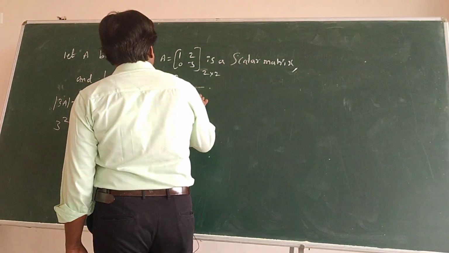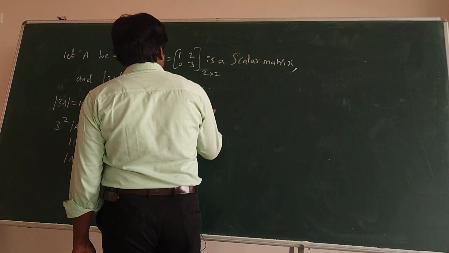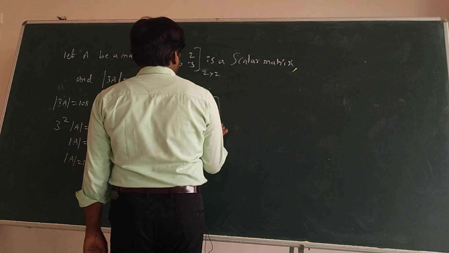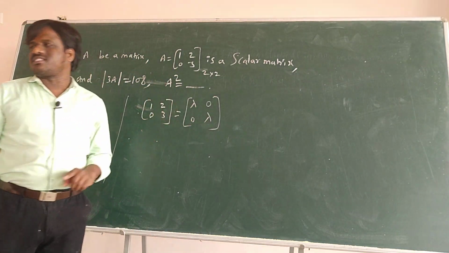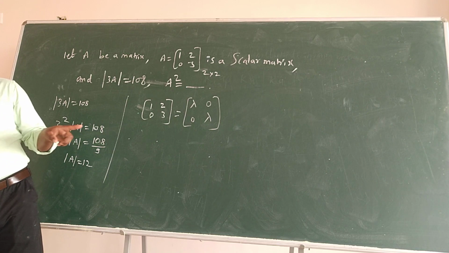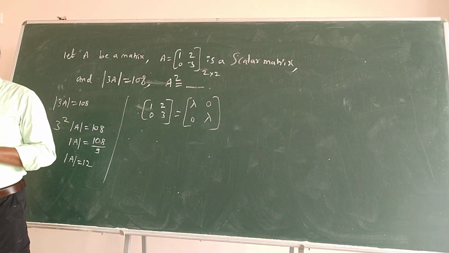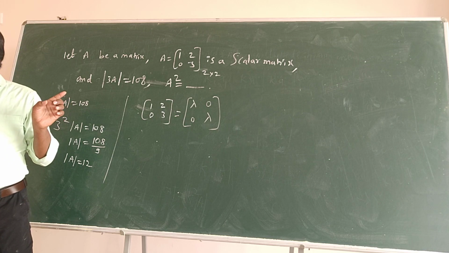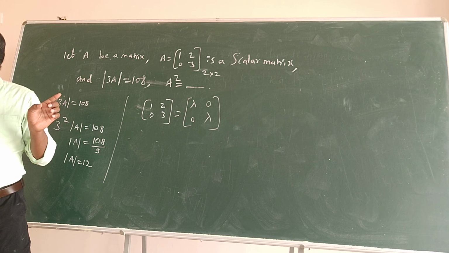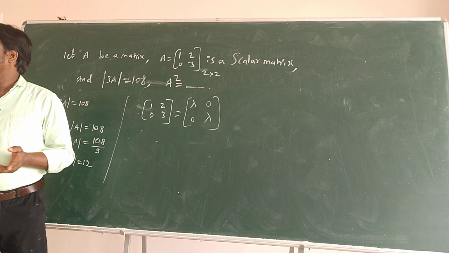What is scalar, sir? Something, 0, 0. Diagonal should be the same, no? Diagonal should be constant and the remaining entries will be 0. This is scalar. Is this a scalar? Scalar or no?